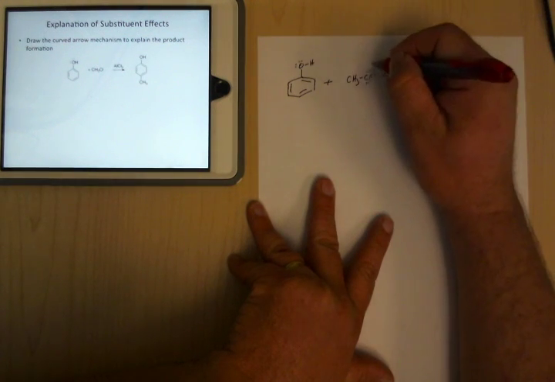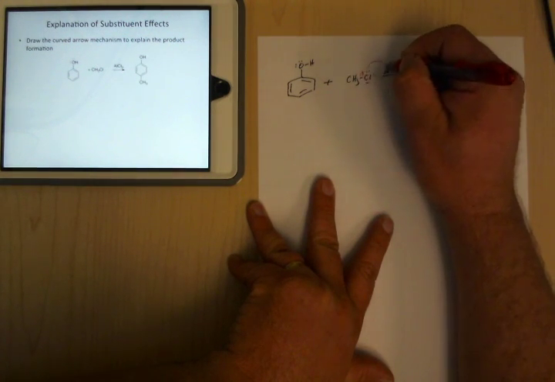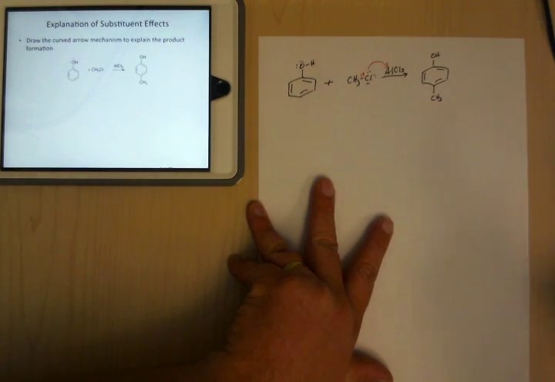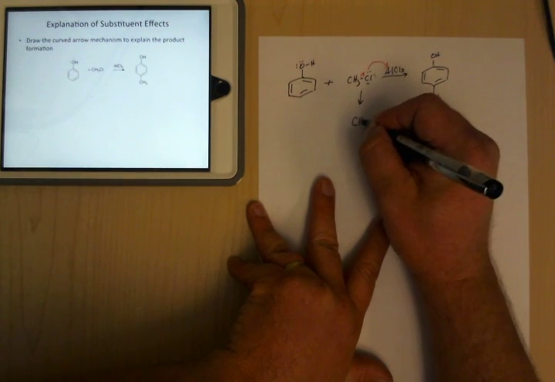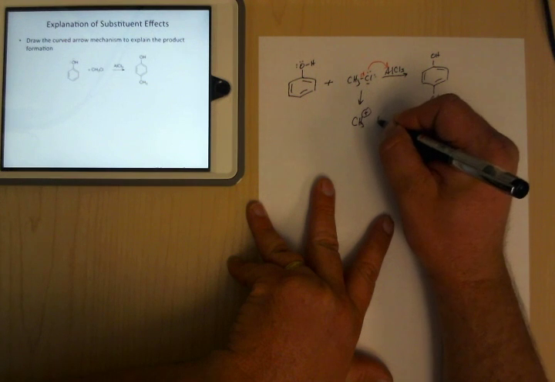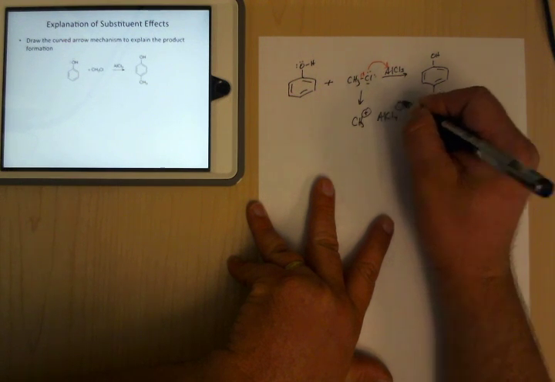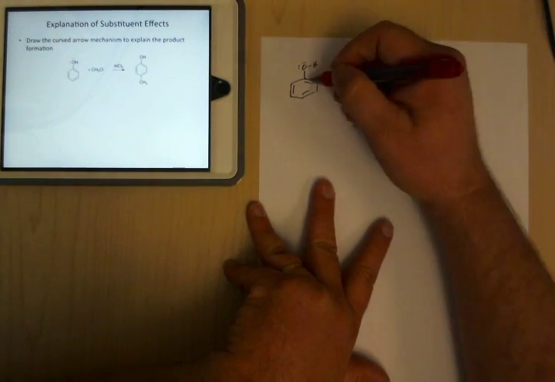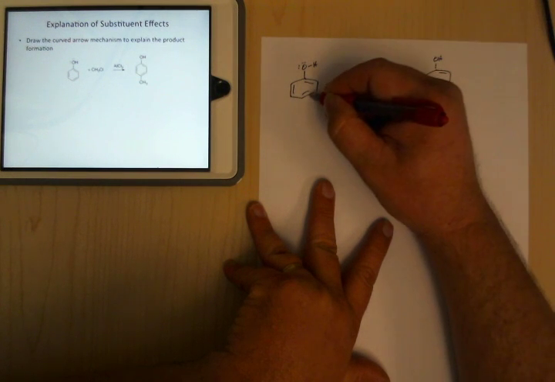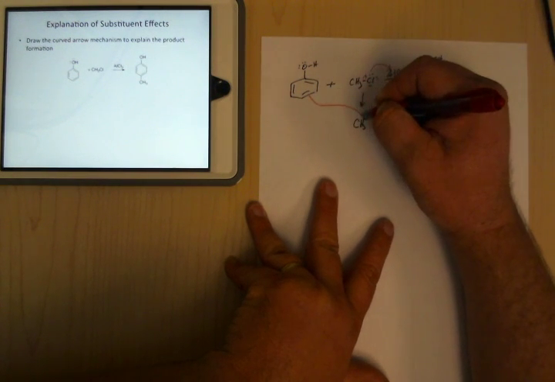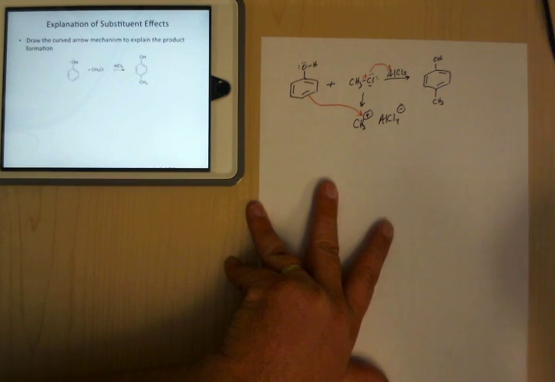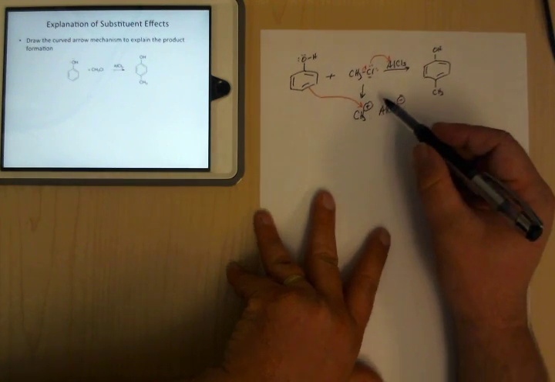So we have our catalyst here. That's going to come there, that's going to get attacked there, because what do we need to generate? We need to generate this CH3 plus and AlCl4 minus. Okay, again, that's going to attack there. So this is all generating the plus charge thing.